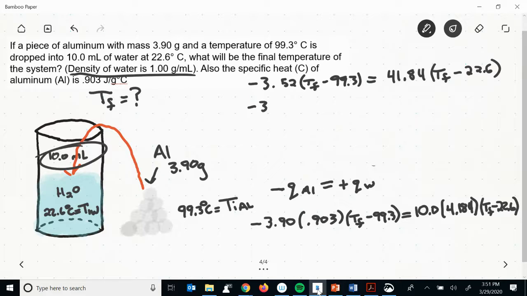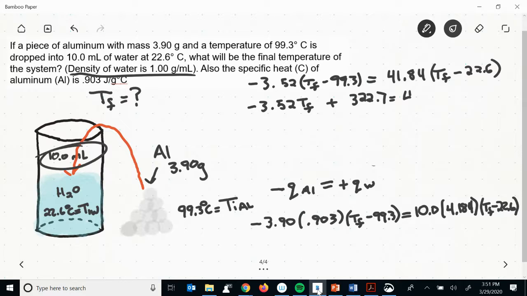So I'm going to say negative 3.52 TF, and then negative 3.52 times negative 99.3 equals a positive 322.7. I'm not really paying attention to significant digits here like I should.